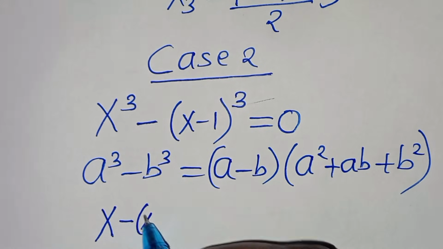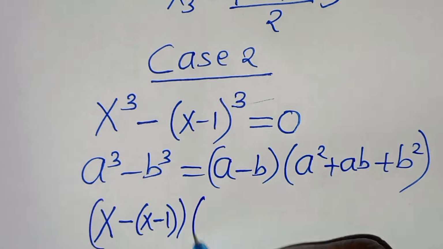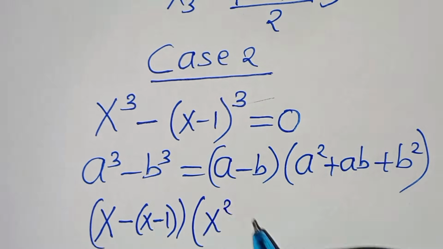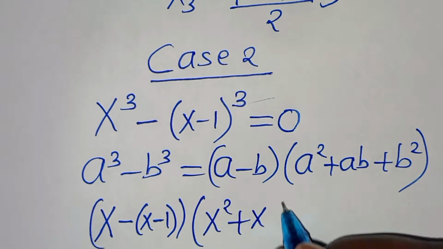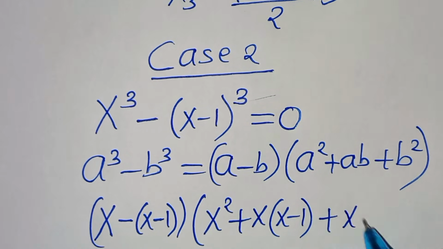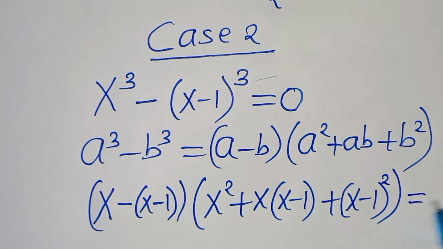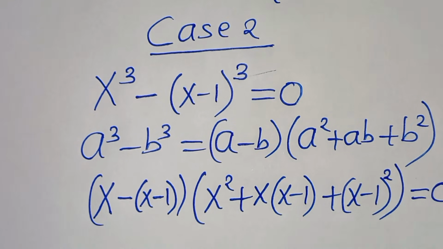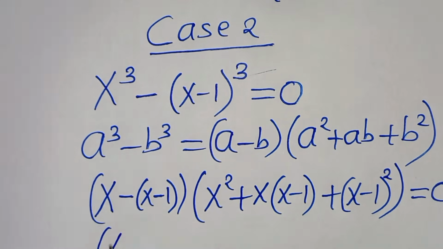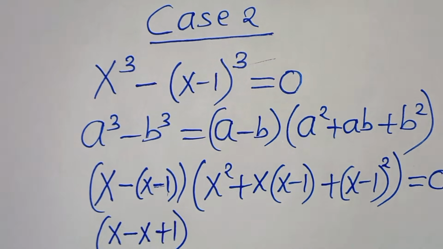Applying this identity here, we have x minus x minus 1 across the parentheses here. Then this is x to the power of 2 plus x multiplied by x minus 1, then plus x minus 1 raised to the power of 2 across the parentheses. This is equal to 0. So here we have x minus x times minus 1, this is plus 1 across the parentheses.